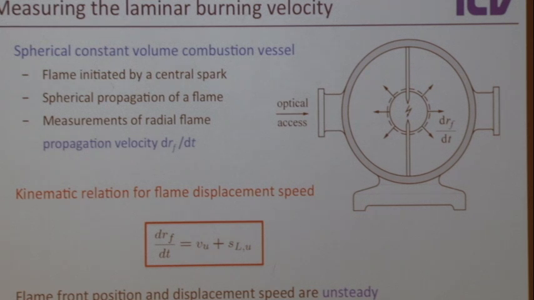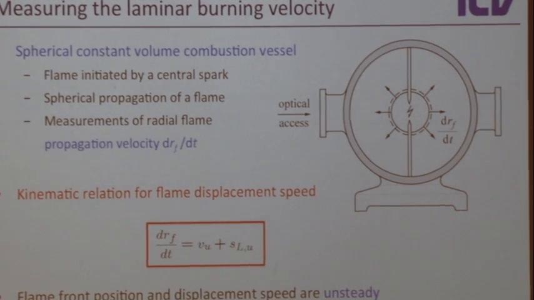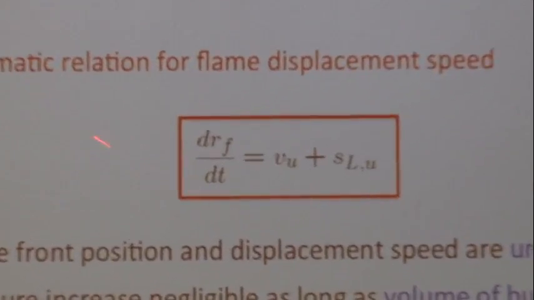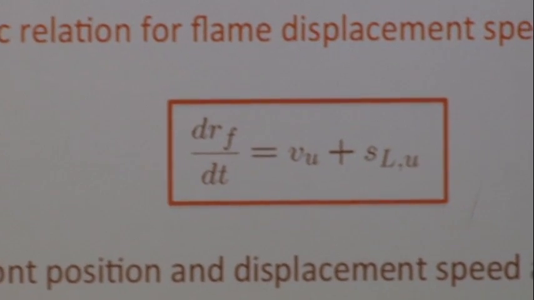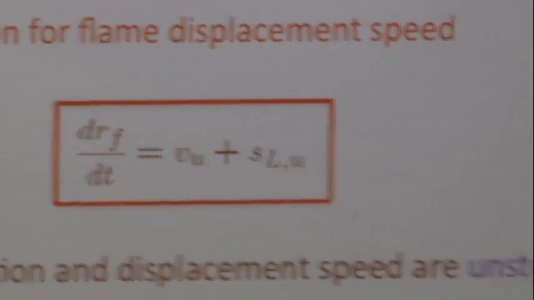And so if you want to compute or determine the burning velocity from this, then this kinematic relation here is important. Basically what this says is that this displacement velocity you see is composed of just the background velocity.